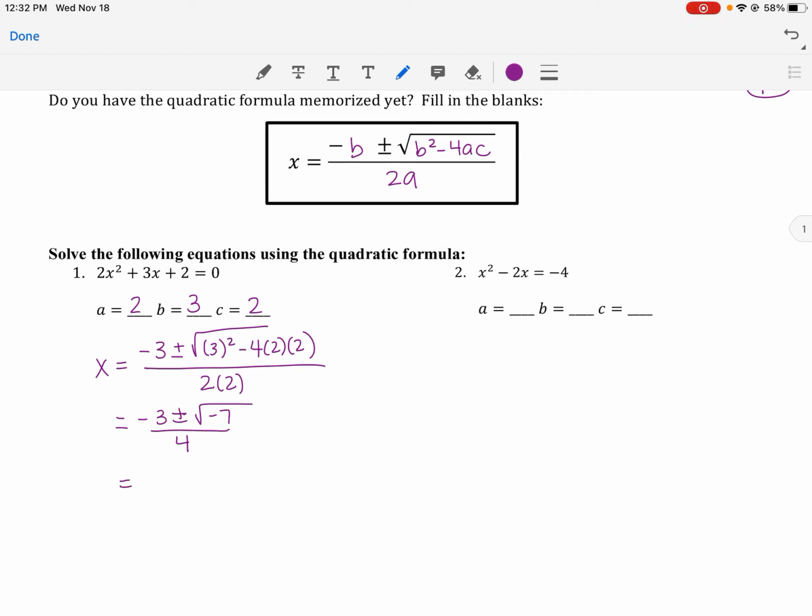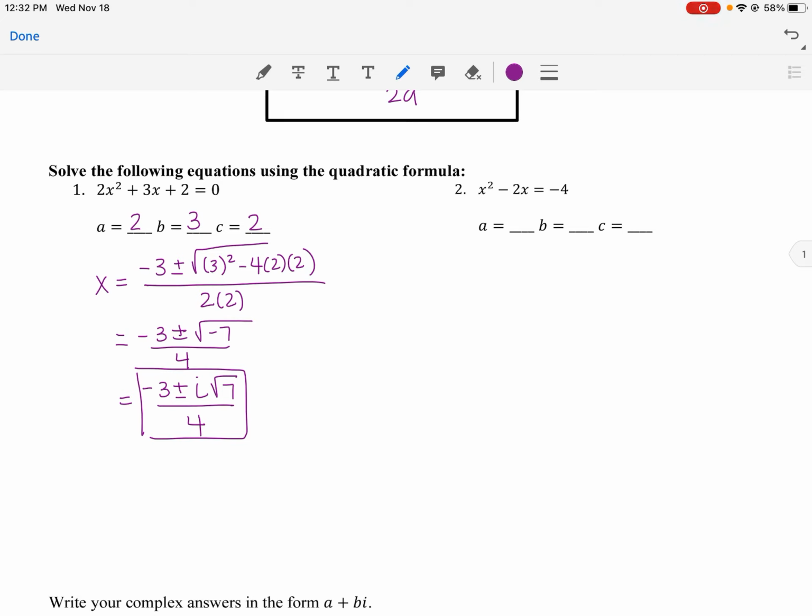The square root of 7 doesn't break up, but I can pull out an i because there's a negative. So that would be just i square root of 7 over 4. Remember, as you type answers into your homework, you'd have to have -3 plus i square root of 7 over 4. Your other answer is -3 minus i square root of 7 over 4.